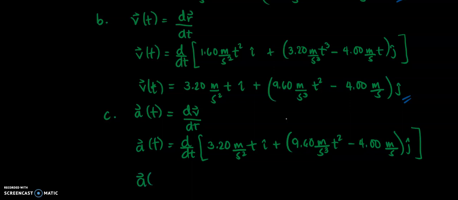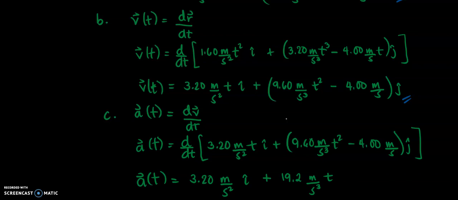So the acceleration vector is equal to the derivative of 3.20 meter per second square t, which is 3.20 meter per second square i hat, plus the derivative of 9.60 meter per second cube t square, which is 19.2 meter per second cube t, and the derivative of 4 meter per second is 0.